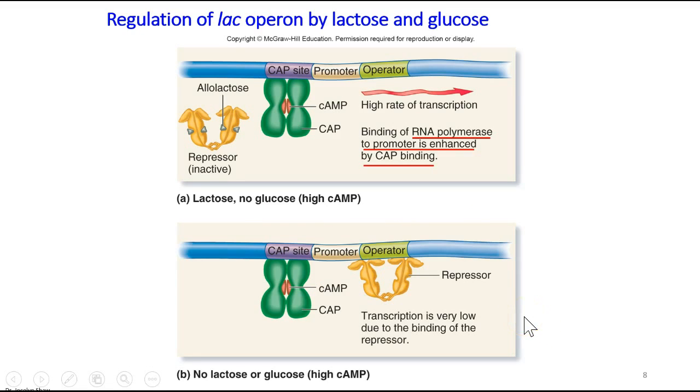So now let's look at the different circumstances when the concentrations of lactose and glucose change, and how the expression of the lac operon might be affected. When the concentration is high for lactose but not for glucose, the lac repressor would be inhibited by the allolactose, and since glucose is not present, the cAMP is able to be synthesized and the CAP protein is activated.